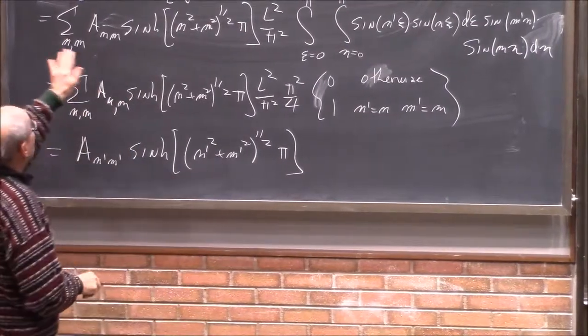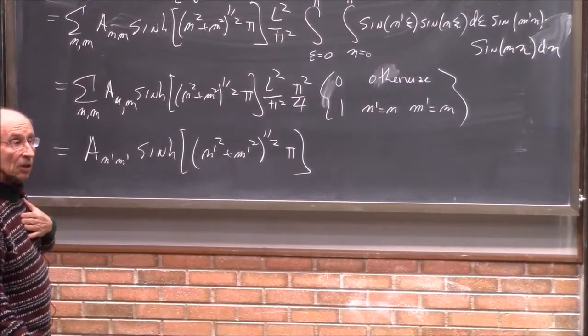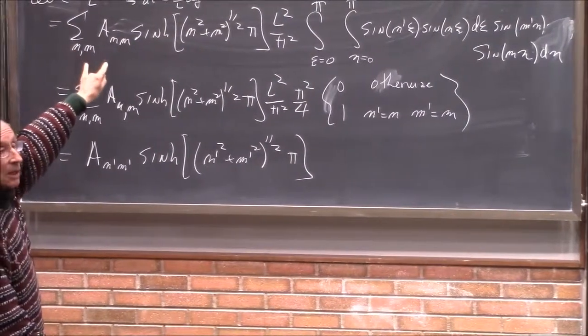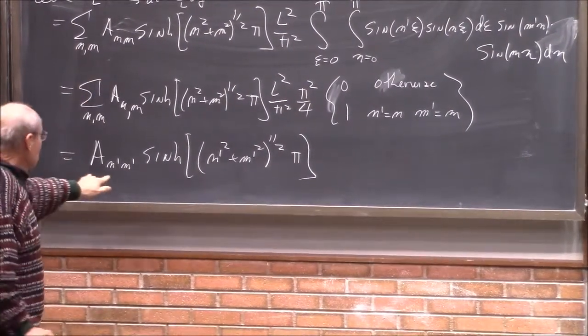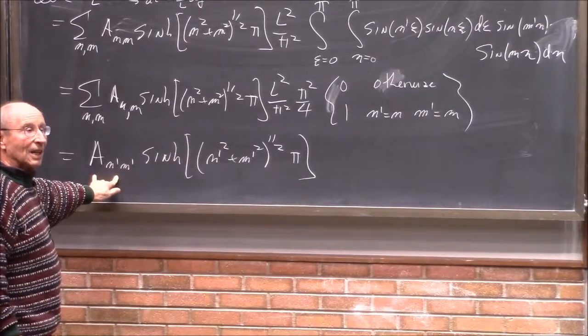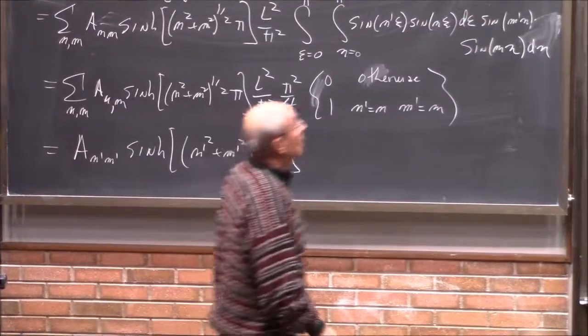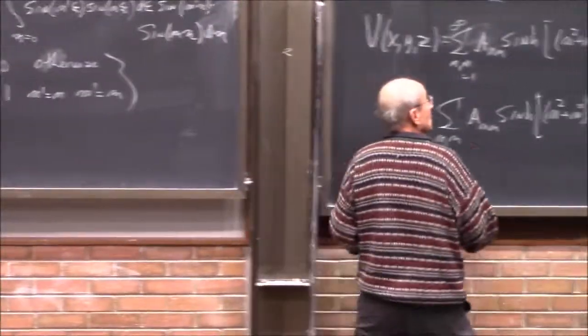So that is the right-hand side of this equation, which means if I evaluate the integral on the left-hand side, I will be able to determine a n prime m prime. So let's put those two things together.